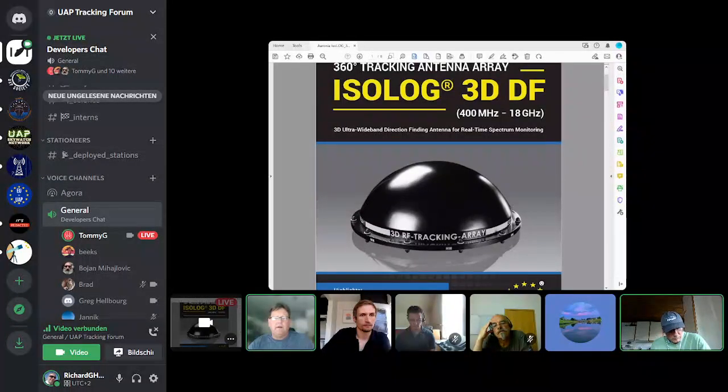And they're using a Hyperlog directional 10 gig antenna, as well as this big array here.